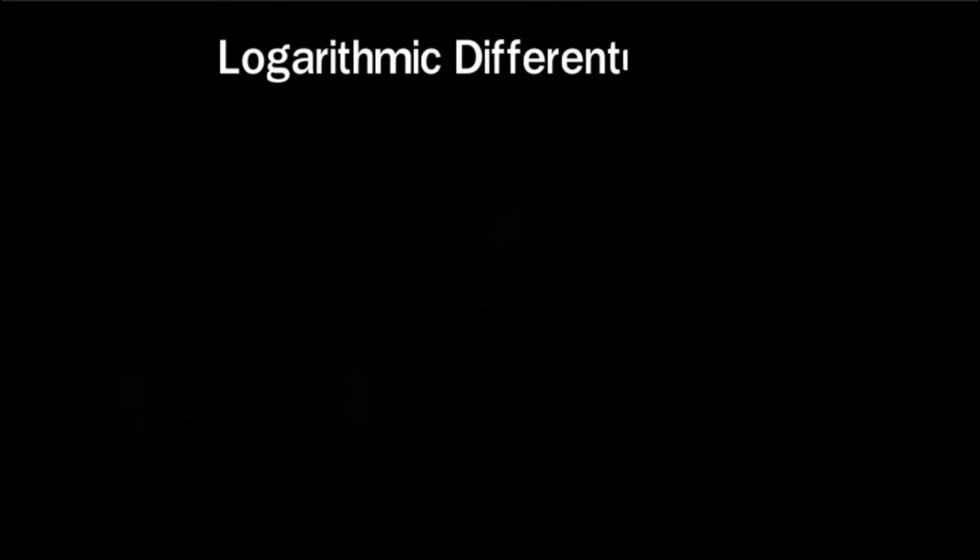So let's now move on to the second part, which is the logarithmic differentiation. First, we must understand the chain rule before we proceed. So what is actually the chain rule?